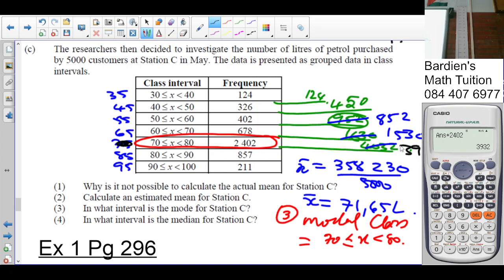So the interval in which your median lies is x greater than or equal to 70 but less than 80. Any confusion here? No?